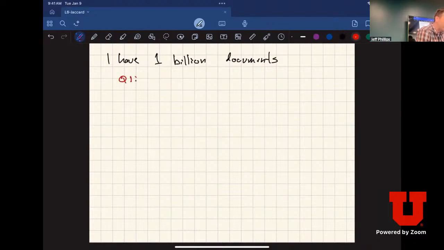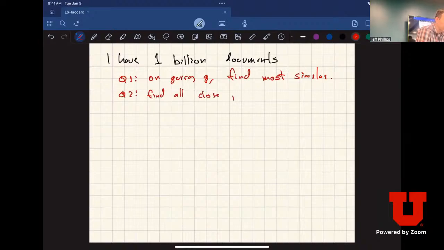Question one, on a query, find the most similar documents to the query. Or Q2, I want to do plagiarism checking. So I want to find all close pairs.